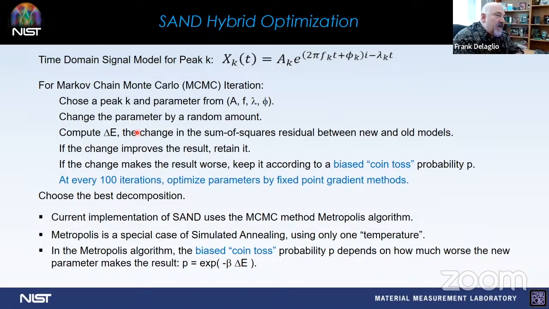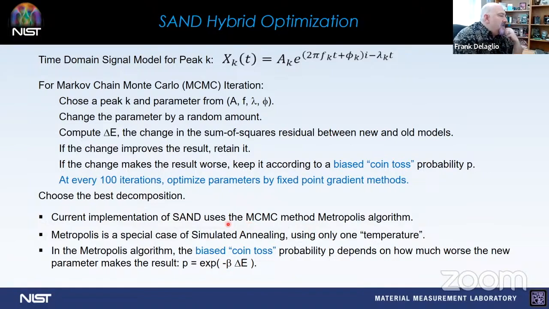We toss a coin, and the coin tells us whether we should keep the change that makes the model worse or reject it. And we tune that probability in order to accept a small number of results that make a model worse as a way to jump out of local minima in this very complicated optimization problem.